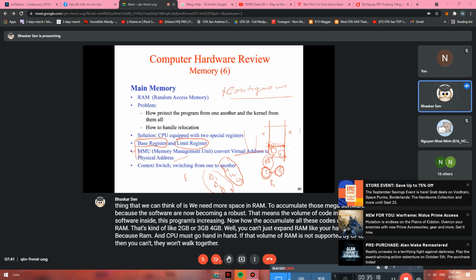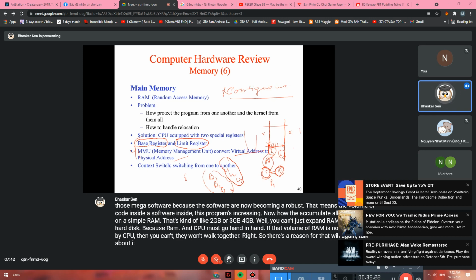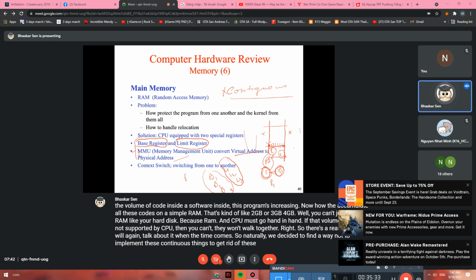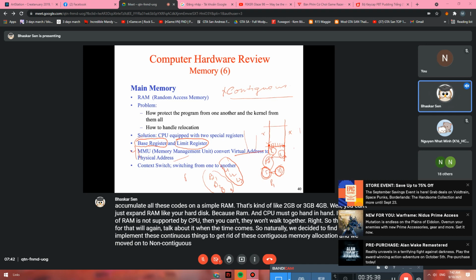Right. So there's a reason for that. We'll again talk about it when the time comes. So naturally, we decided to find a way not to implement these contiguous things, to get rid of this contiguous memory allocation. And we moved on to non-contiguous allocation by introducing virtual memory management.